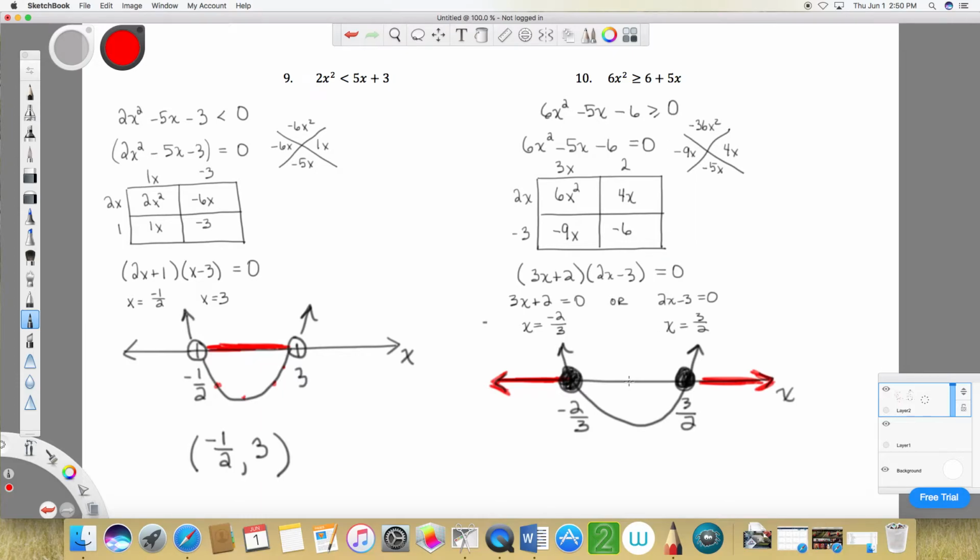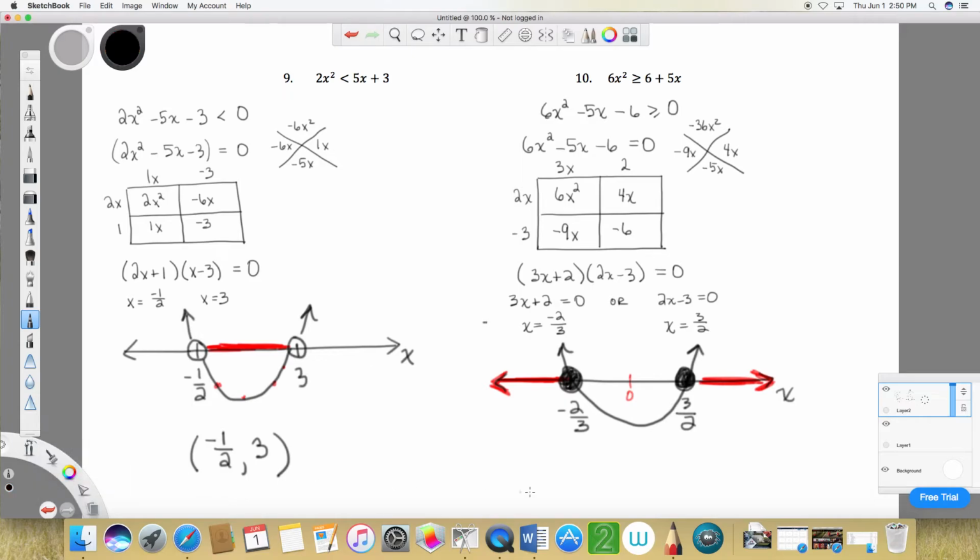If you plug in something like 0, I know it's going to be negative. If x is 0, you've got negative 6. Well, negative 6 is not greater than or equal to 0. So 0 should not be in my solution set, and it's not. So I have confidence that I've done this correctly.